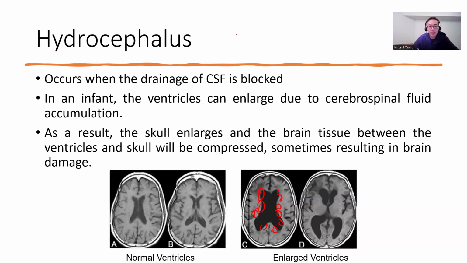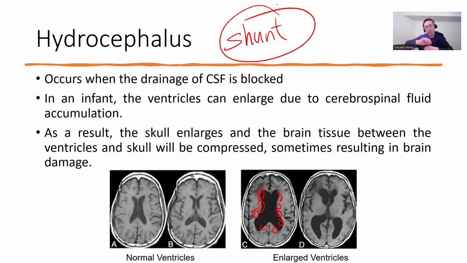But generally, they might have to install a shunt. And we talked about a shunt before. A shunt is just like a detour, right? For the fluid to drain elsewhere. Sometimes it's possible to connect a tube that drains it into the abdominal cavity, and that way it's going to alleviate the pressure that's building up inside the nervous system.